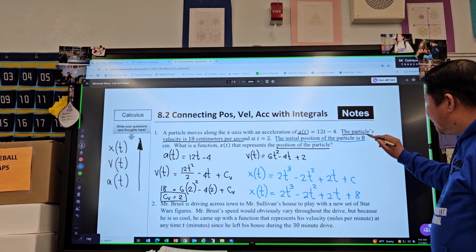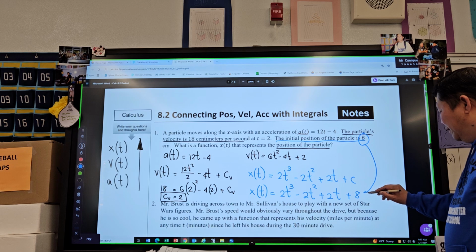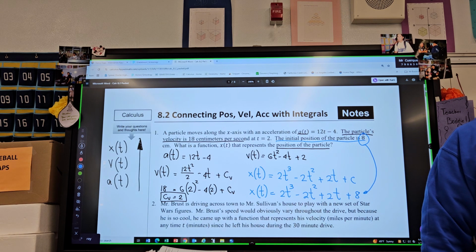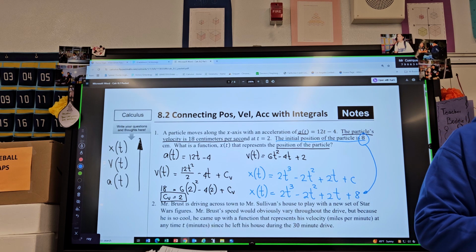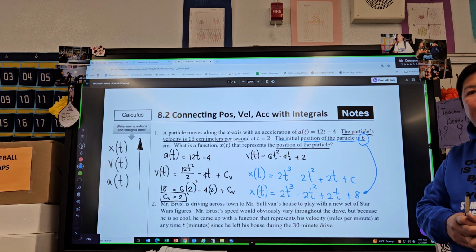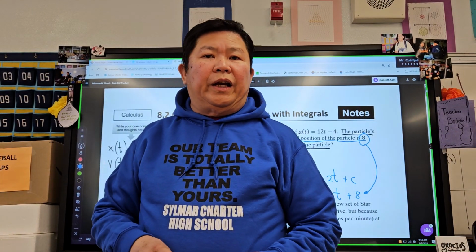Again, this particle, the position is here, the initial. Okay. So this time for problem number 2, please, I'd like you to have a calculator right away. This is calculator active, but I need you to set the mode of the calculator into radian.